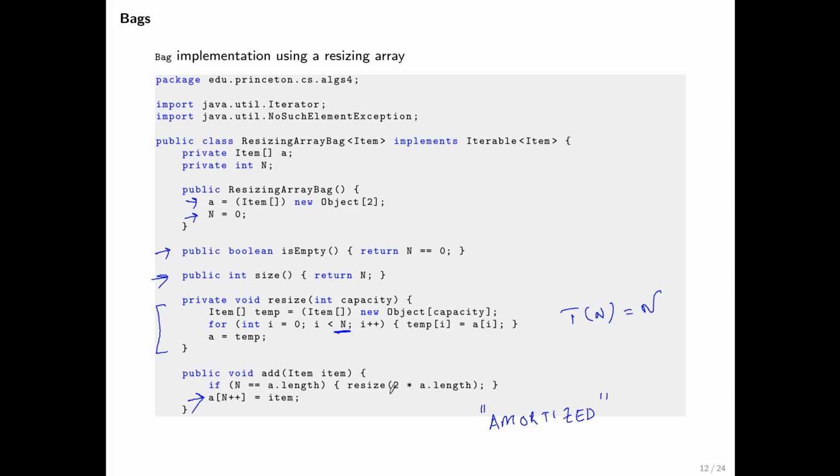And the other thing is, when we call resize, we are doubling the capacity of the array, and because of that, when you do the analysis, you will see that the running time of add in the average sense is constant. Okay, so add is also constant, but in this amortized sense. So it's fairly efficient. That's the bottom line.